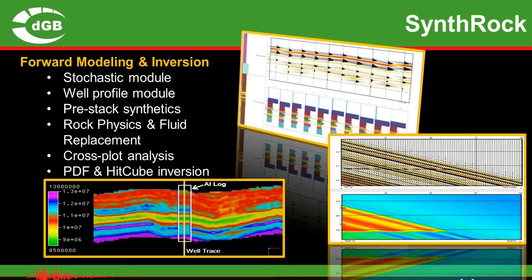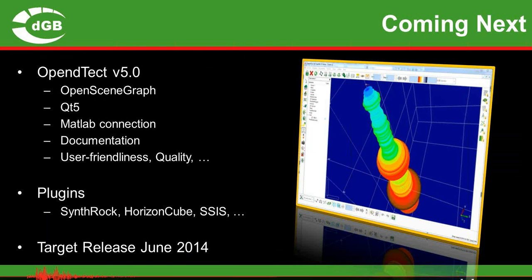Now what is coming next, and this is already my last slide. The next release will be called OpendTect 5. It's a major release, super major actually, because it will be the first release in which we have a completely new underlying graphics library. We had to get rid of Coin. Coin is the library used in OpendTect so far, but Coin is not developed further.